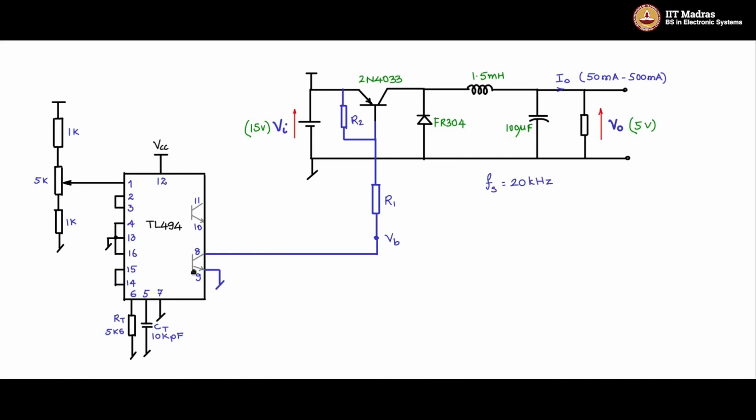When this internal transistor turns on, the collector will be connected to the emitter, and the VB will be at ground potential ideally. So there is a path for IB on to flow here. 2 IB on flows through R1 into VB and into the ground and completes the circuit.